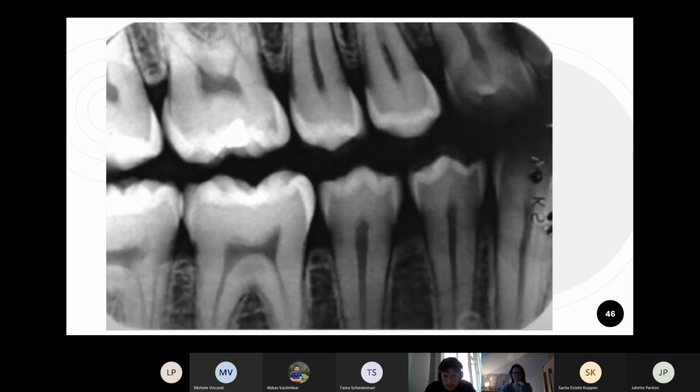It's still on the level of okay, what I would say. But you can see that the lamina dura is already a little bit compromised. And it's a bit hard to see. I'm not sure if it's actually a filling, but it looks like there's a small amalgam filling occlusally on 1.6. All right, next X-ray.